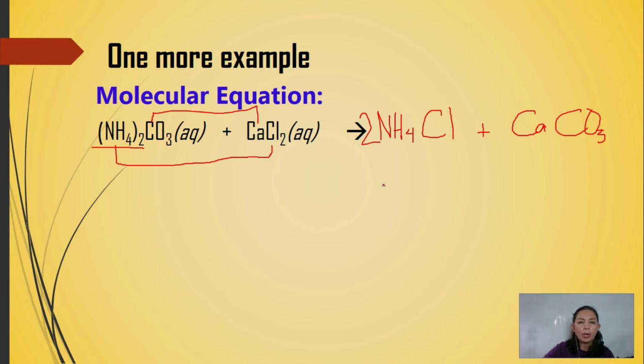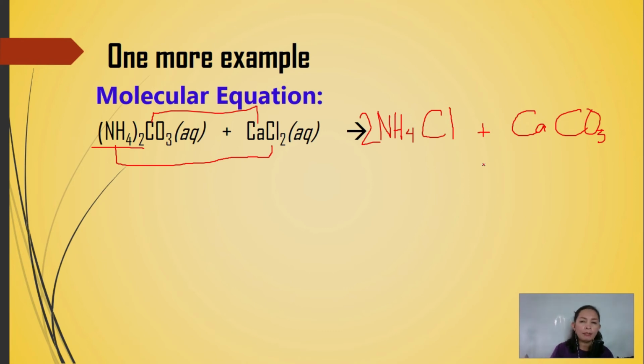Therefore, we already have a balanced equation. Again, ammonium has two ions, that is why we have right here 2. Carbonate, we only have one. Calcium, we have 1 calcium. Chlorine, we have 1 times 2, so we have 2 chloride ions.